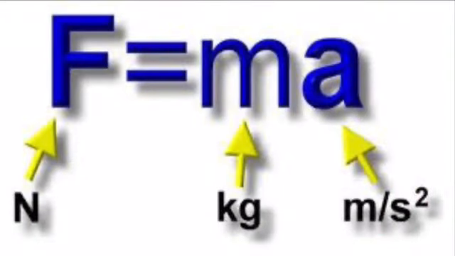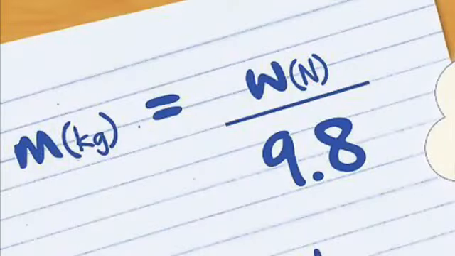The SI unit for mass is kilogram and the SI unit of acceleration is meter per second square. So when mass and acceleration are expressed in their SI units, we get the SI unit of force, which is Newton. Remember that mass is not equal to weight.